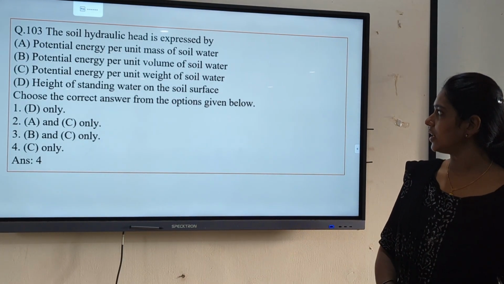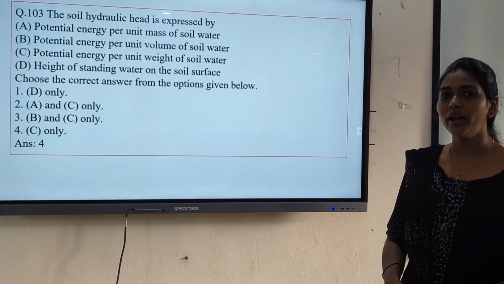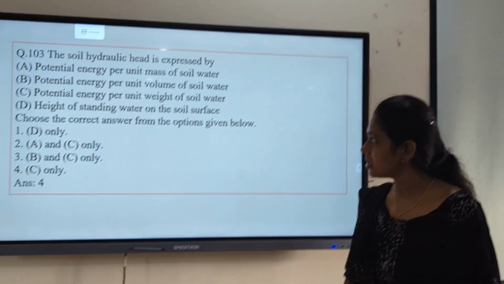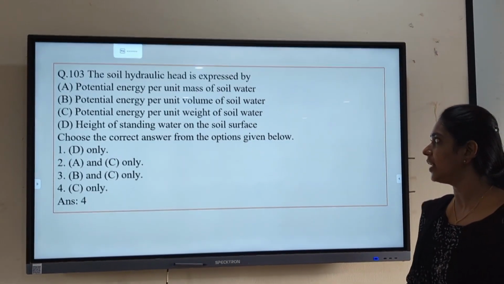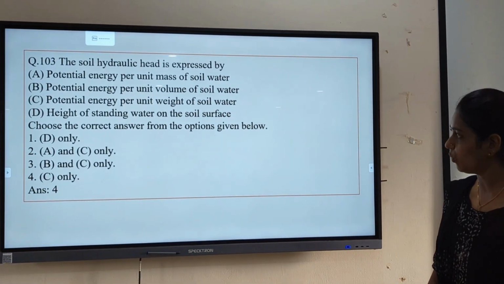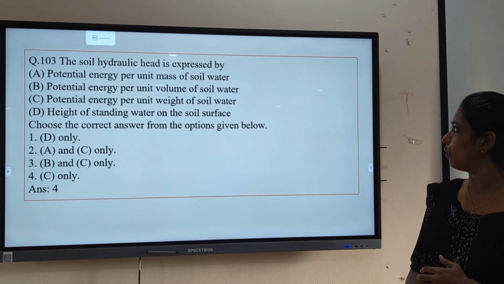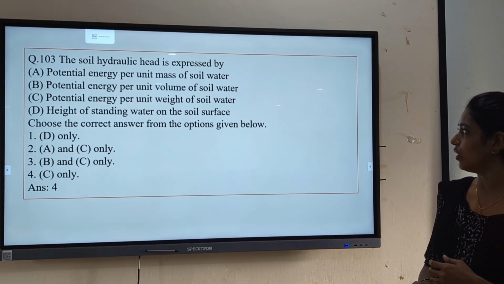The next question: the soil hydraulic head is expressed by what? We know soil hydraulic head is related to potential energy, but when we look at the options, it gets more complicated. Option A, potential energy per unit mass of soil water. Option B, potential energy per unit volume of soil water. Option C, potential energy per unit weight of soil water.